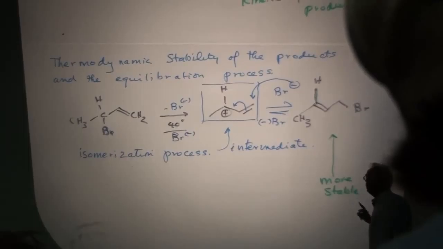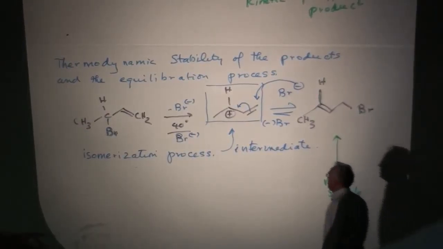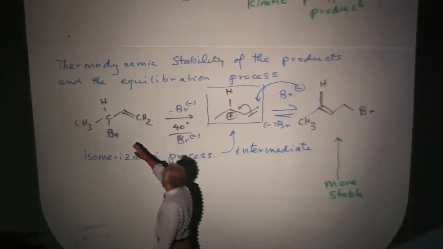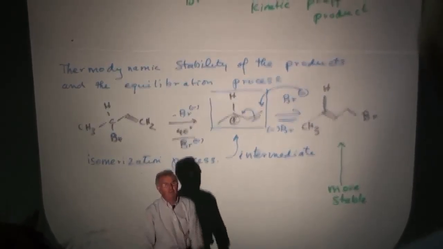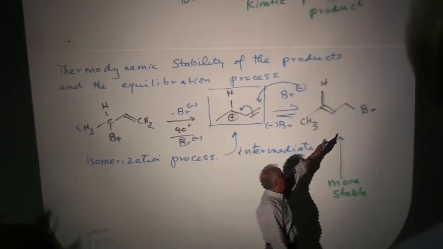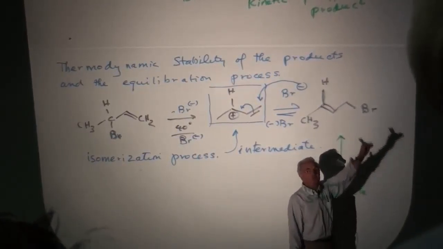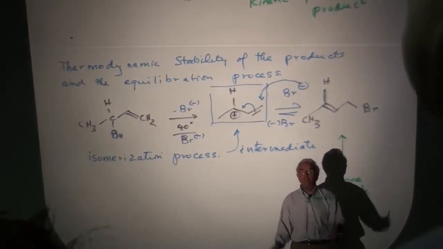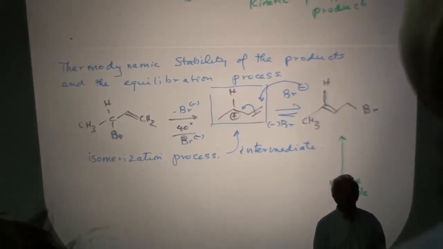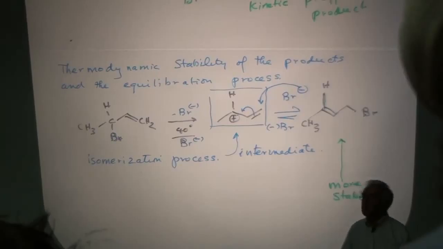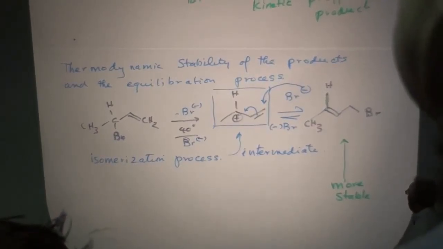If you took time to look up, a carbon to bromine bond on a secondary carbon is a weaker bond, less stable than the carbon to bromine bond on a primary carbon. So both ideas, and we only have to remember one. Probably the easiest one is the substitution pattern on the double bond.